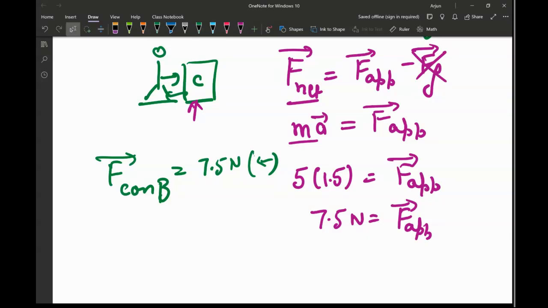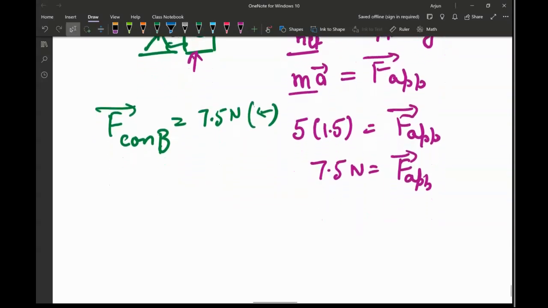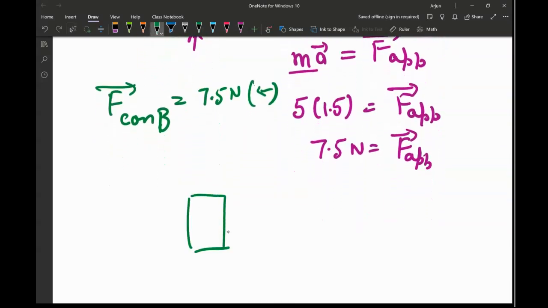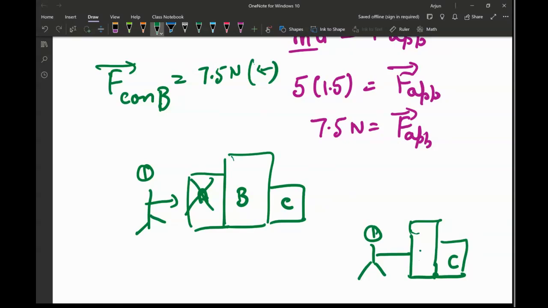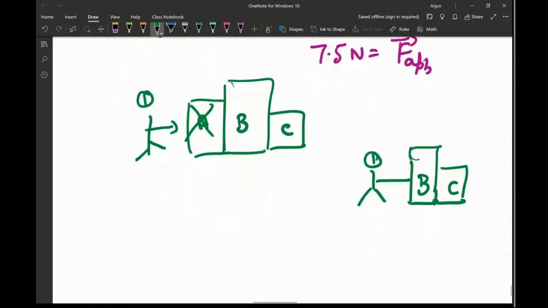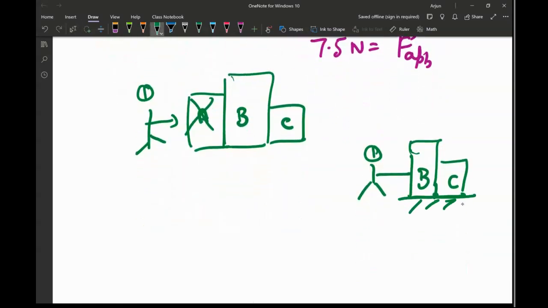All right, so I'm going to extend on this question. Out of the same three boxes given to me, now I wanted to find out how much force is being applied by A on B. So I'm going to remove A, and I'm going to place myself. Earlier I was here, now I'm going to say this is me, and I'm applying the force on box B and also on box C. This is B and C. How much force am I applying on these two boxes?